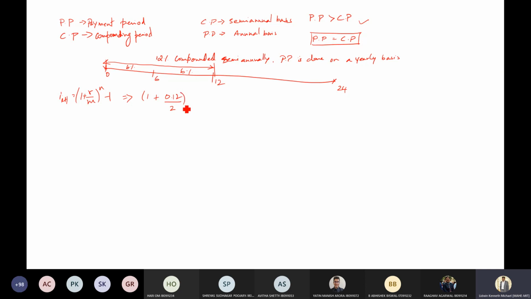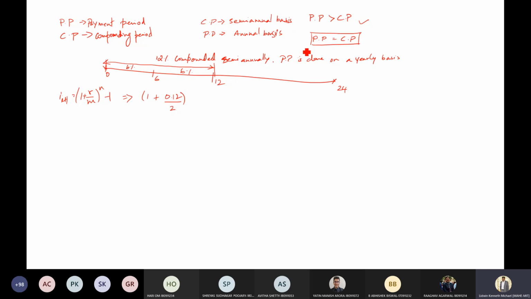Now, your payment period is done on an annual basis. So how many times is the interest compounded until you make the payment?